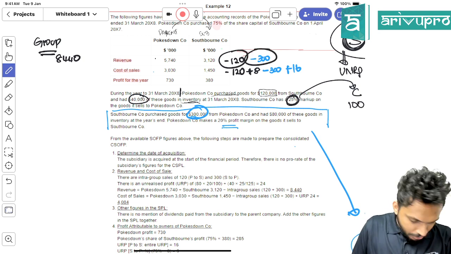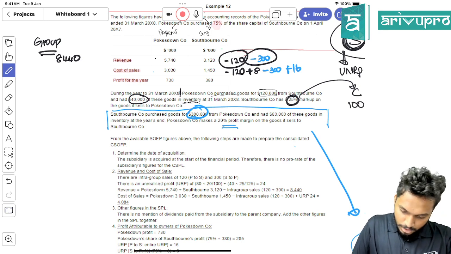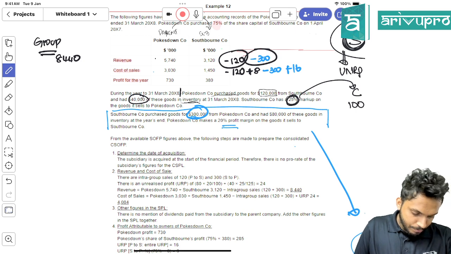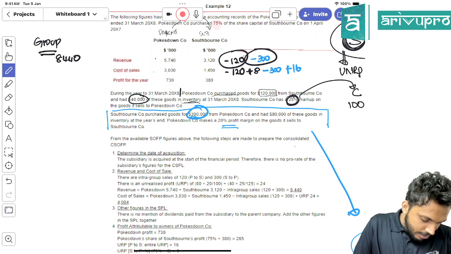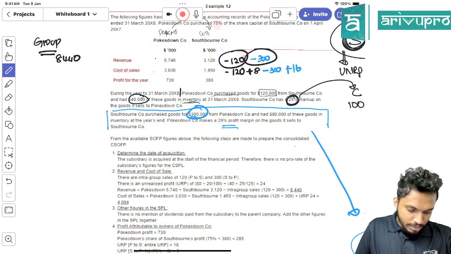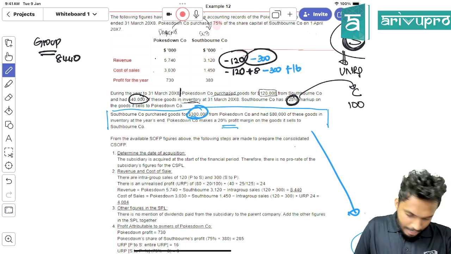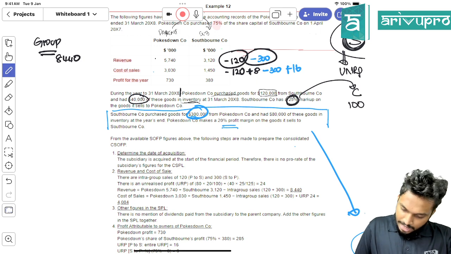Then the cost of sales, 3,030 for the parent. For the subsidiary, they are making 1,450. And intra-group sales of 120, you need to reduce it, as well as 300, you need to reduce it, and add back 16 of unrealized profits and add back 8 of unrealized profits.